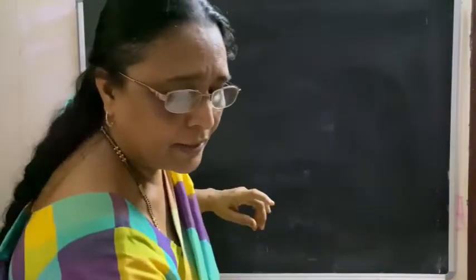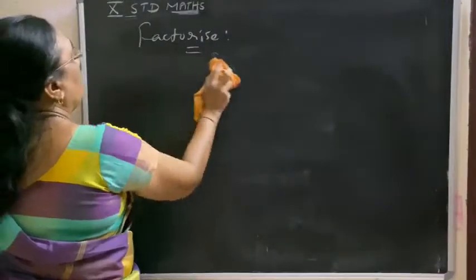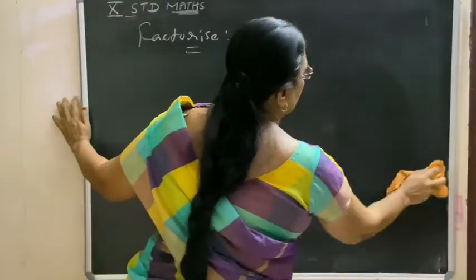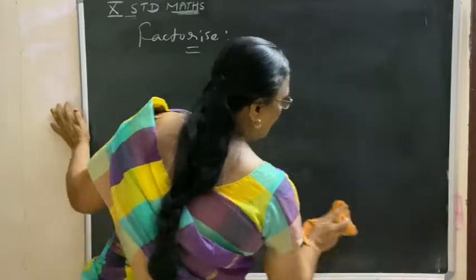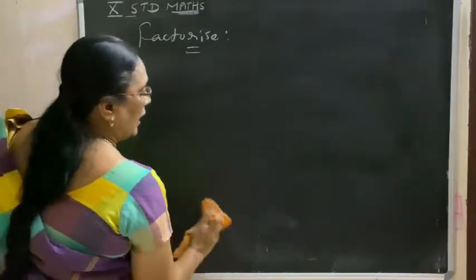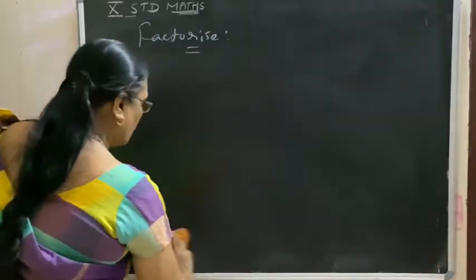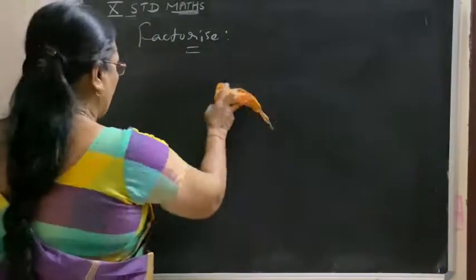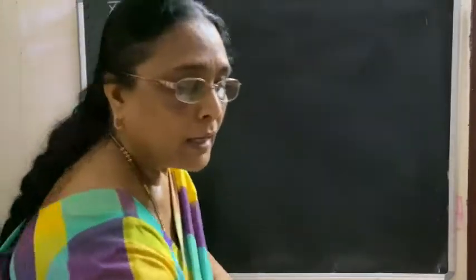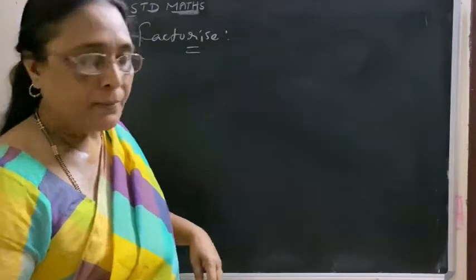Now how to identify sum of two numbers? I told you, if all the terms are given in plus and if center term is given in minus, we have to identify as these two numbers. If you add the two numbers, you will get sum of two numbers. Otherwise, that is the difference of two numbers.